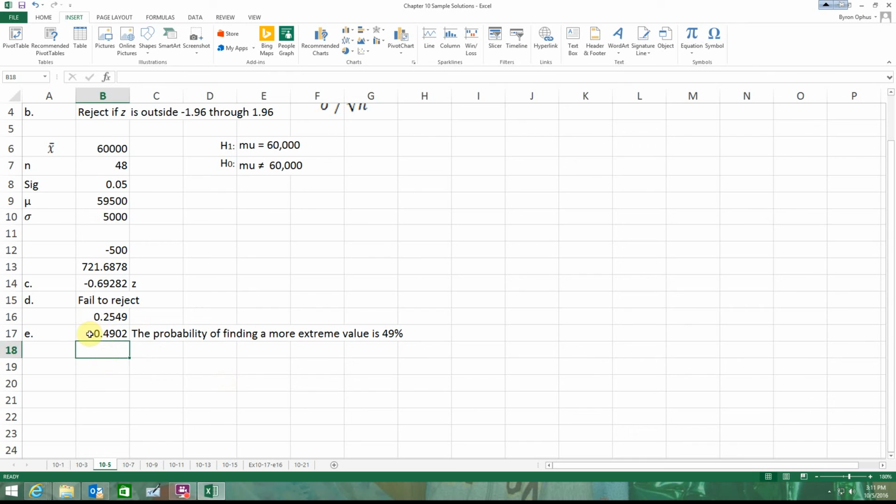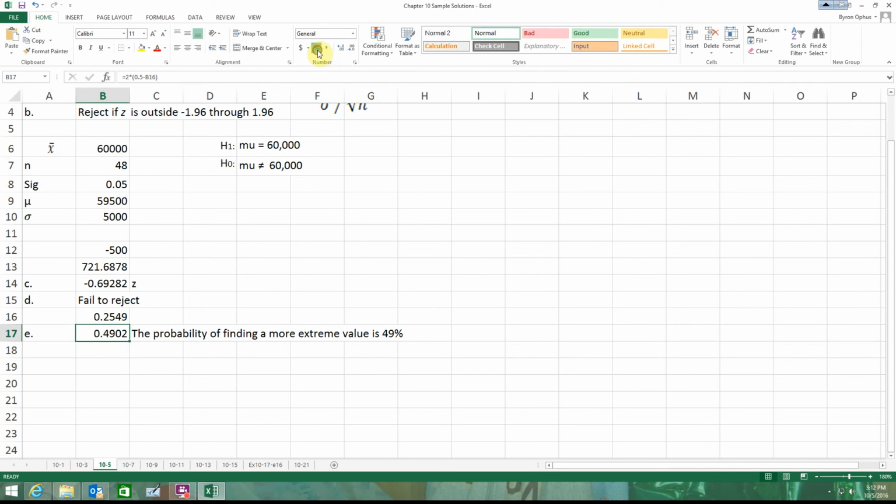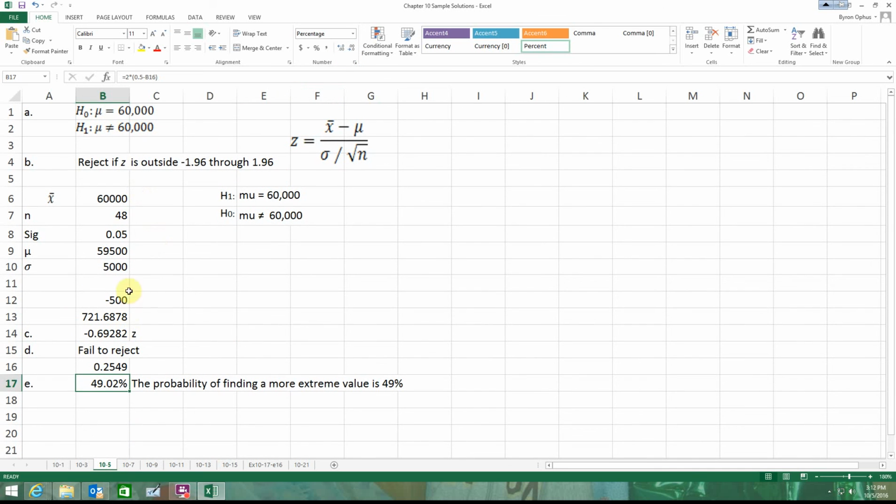Sorry, I got a little bit confused. There's a 49% probability of finding a more extreme value, and I might have said this wrong before. I think that means that there's that big of a percent to find a value that's outside of this range. This z value that I found.